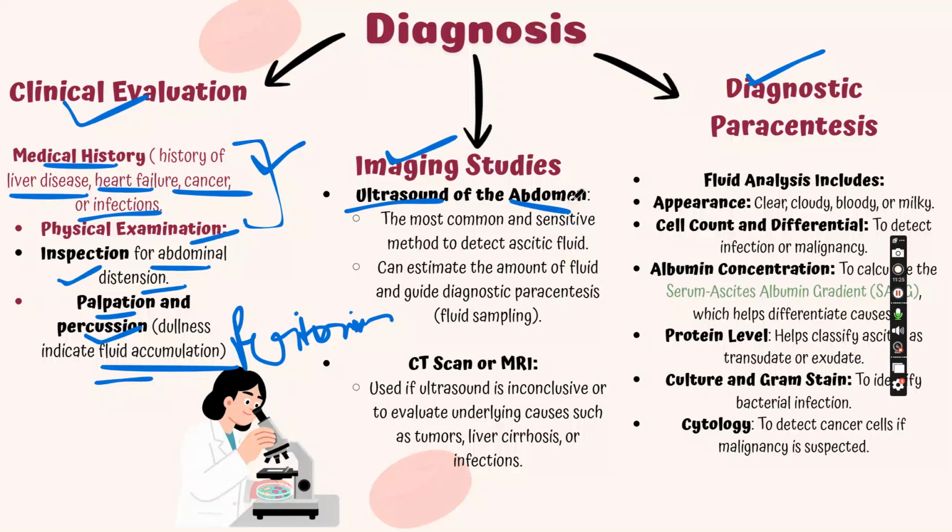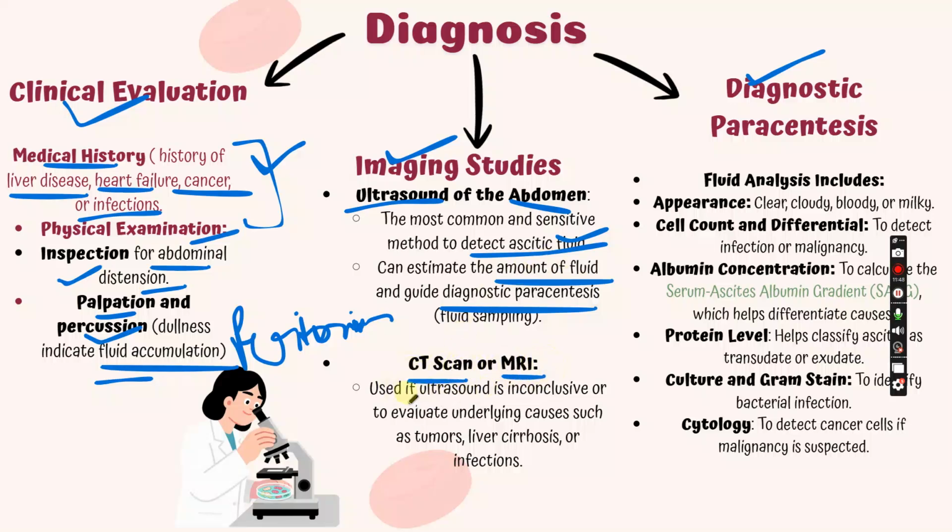The main reason for ultrasound is to detect ascites fluid. We will observe the amount of the fluid, and it is also necessary to guide the diagnostic paracentesis. Okay. Next, we'll do the CT scan or MRI.